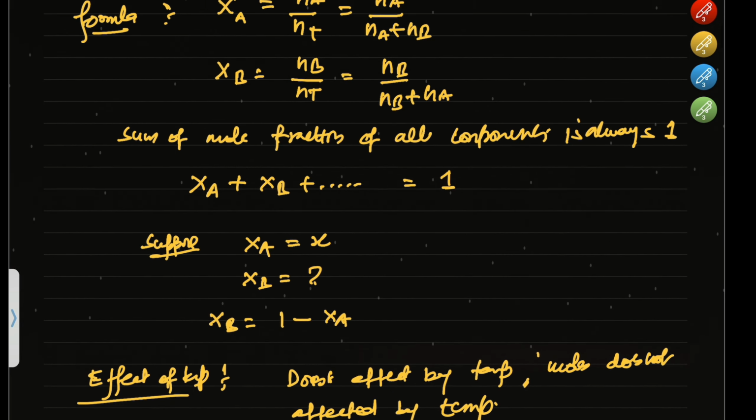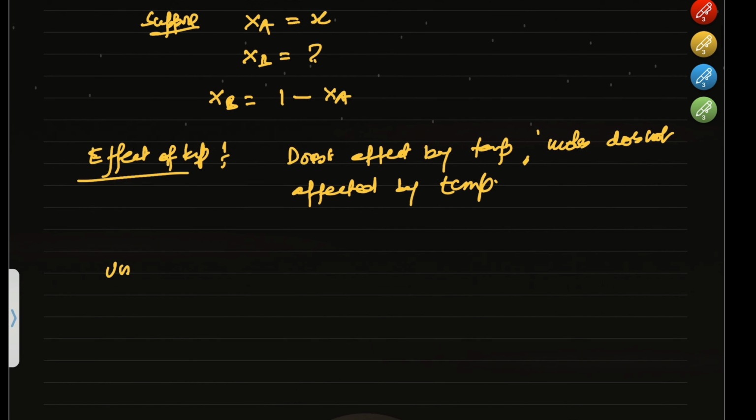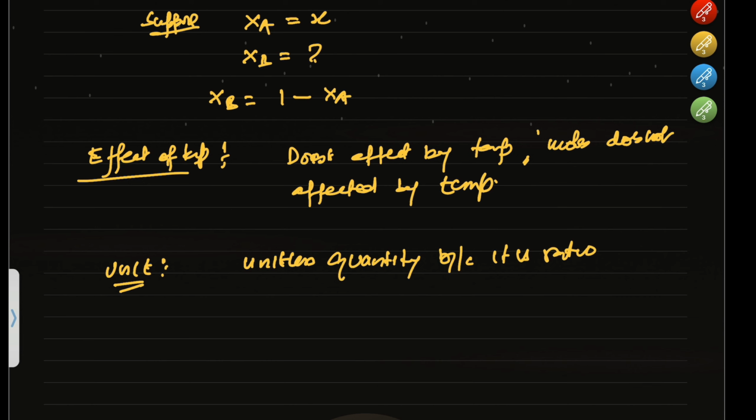Next is the unit. It is a unitless quantity because it is a ratio of moles.